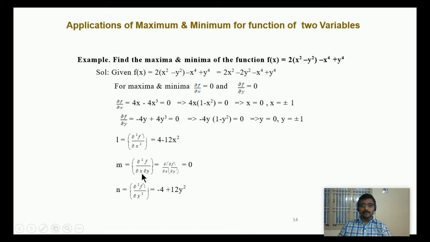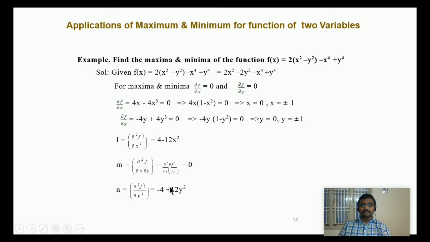M is del square f by del x del y, which is obtained by differentiating del f by del x with respect to y. 4x derivative 0, negative 4x cube derivative 0. And N is obtained by differentiating del f by del y again with respect to y. Negative 4y derivative negative 4, plus 4y cube derivative 12y square. These are the values of L, M, N.